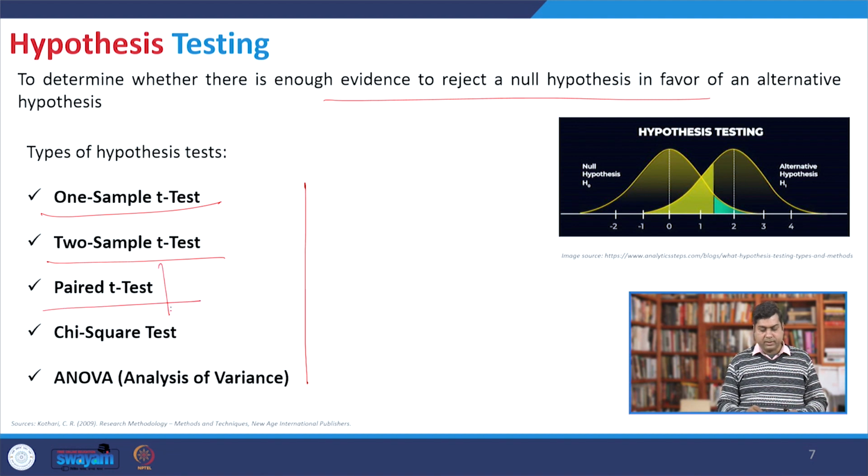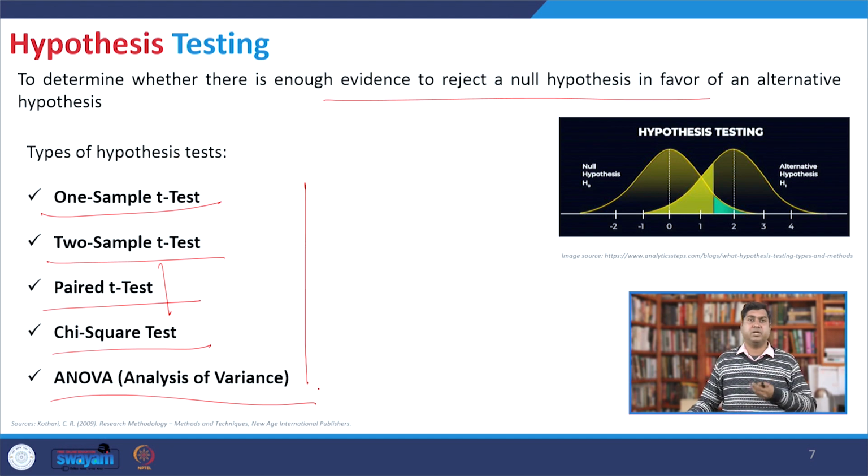It can be a paired t-test where we compare two different data sets of a similar population, or it may be a before-after test, where you try to understand the increase in performance of a certain group of employees before and after giving training, and then you assess it. It may be a chi-square test, it may be analysis of variance, and there are a number of such tests available.